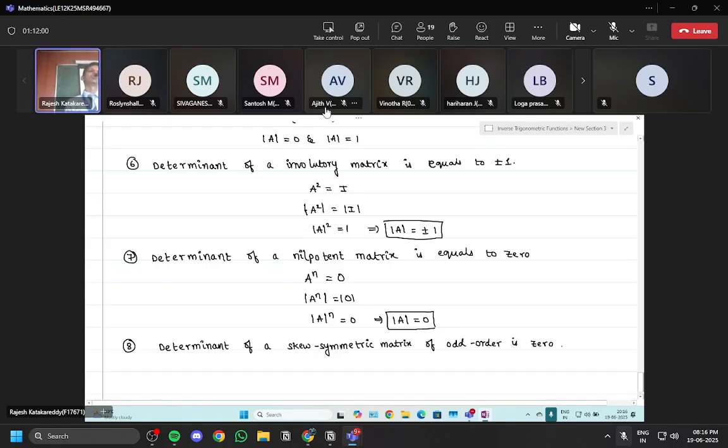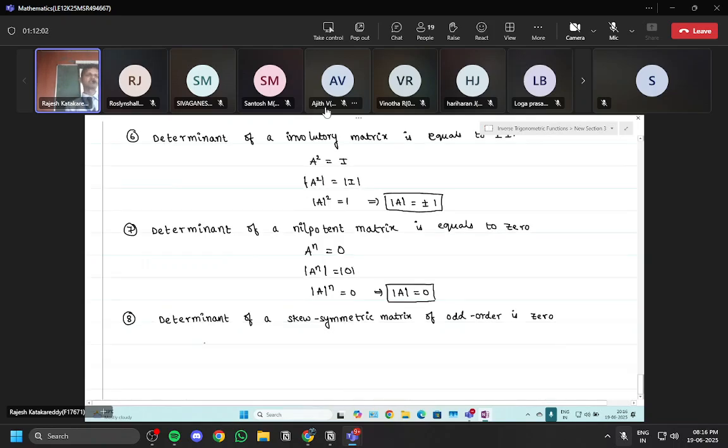How to prove this? If it is a skew symmetric matrix of odd order, let's say A transpose is equals to minus A and order n is equals to an odd natural number.